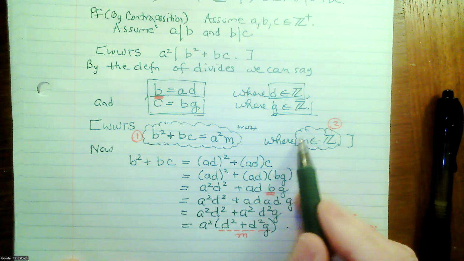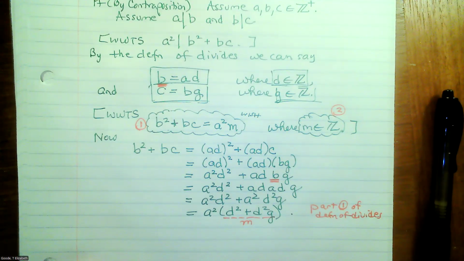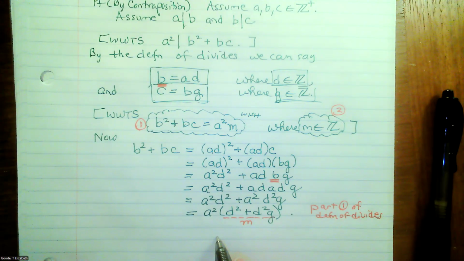We still have to say a few words about why this expression d squared plus d squared g is actually an integer. Because we denoted that AD and B and G are already integers earlier, when we stated the definition of divides.